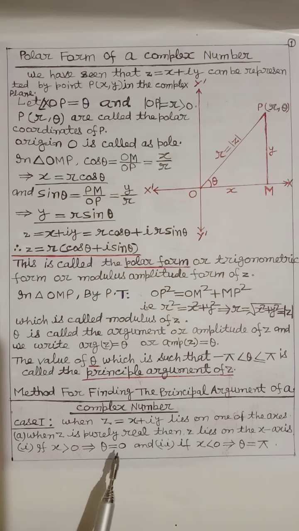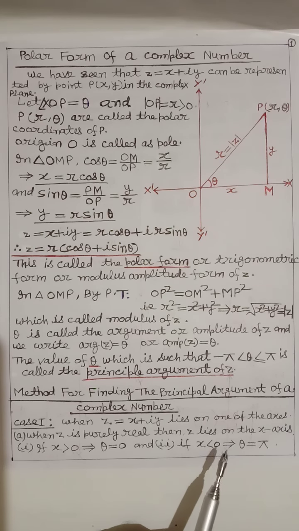Here theta is called the argument or amplitude of the given complex number. And if x less than 0, in that case theta equal to pi.